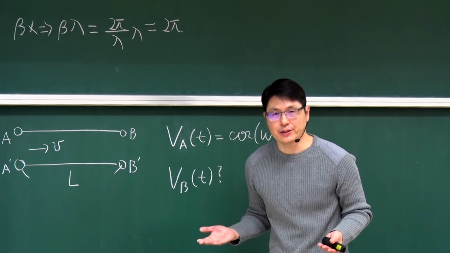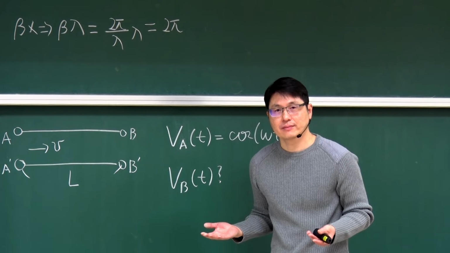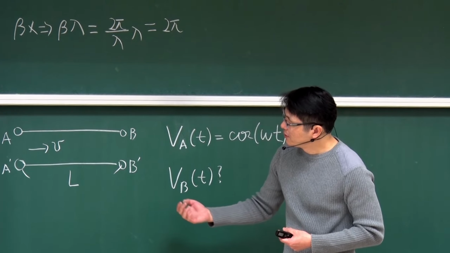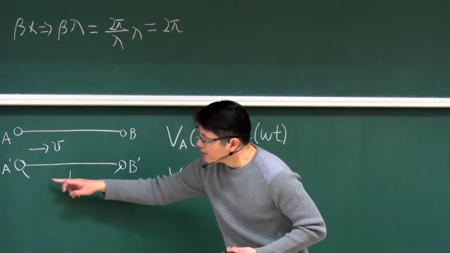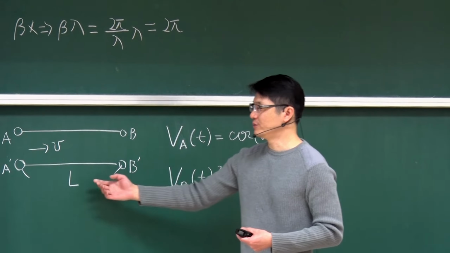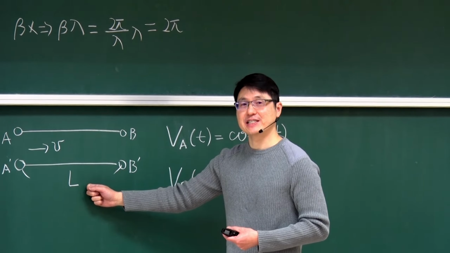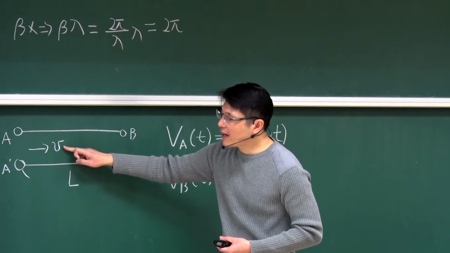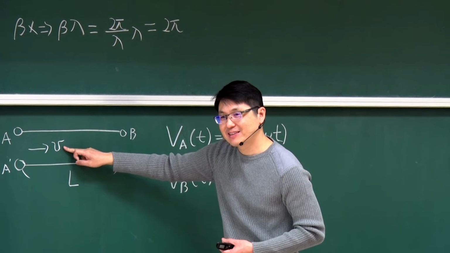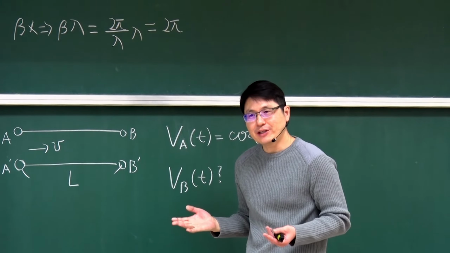I don't really know. The only thing I know is Professor Huang told me I know the propagation distance and I know the propagation speed. So that's all I know.